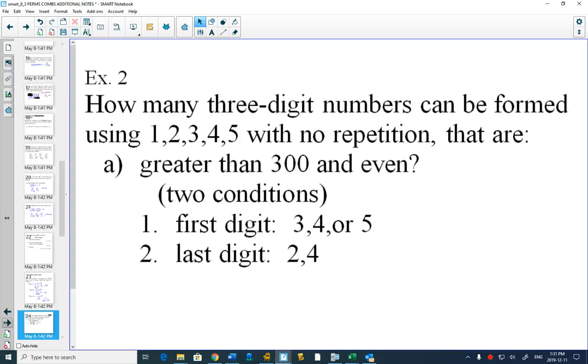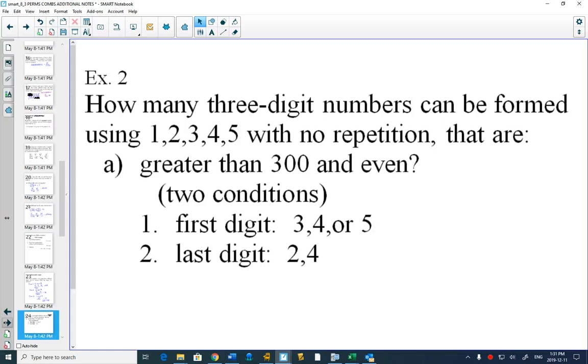The other place that case questions come up are questions that have restrictions, and our rule was deal with the restriction first, but sometimes you can have more than one restriction on a question. Okay? So in this example, we're looking at 3-digit numbers. We're only using 1, 2, 3, 4, 5. Repetition is not allowed.